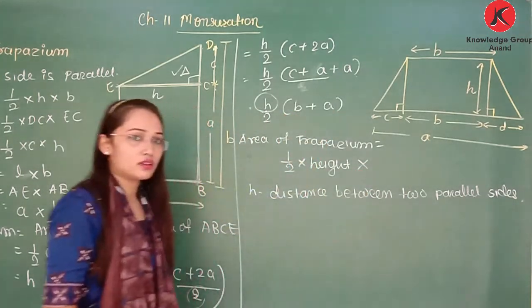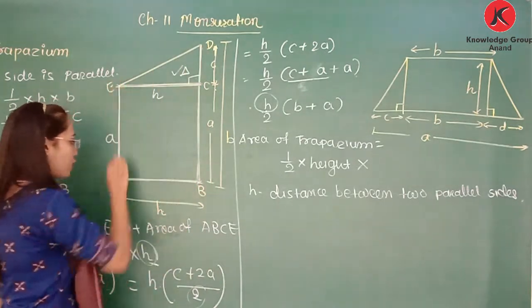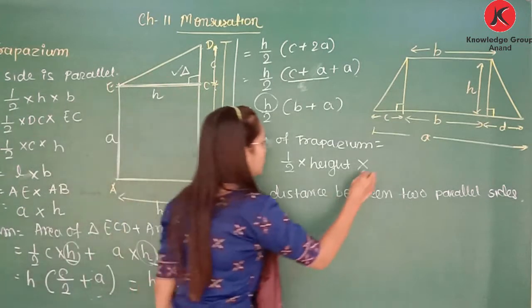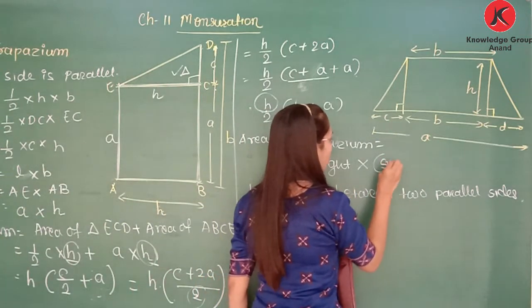B plus A is the length of the parallel sides. A is this side and B is this side. So it is the sum of the parallel sides.